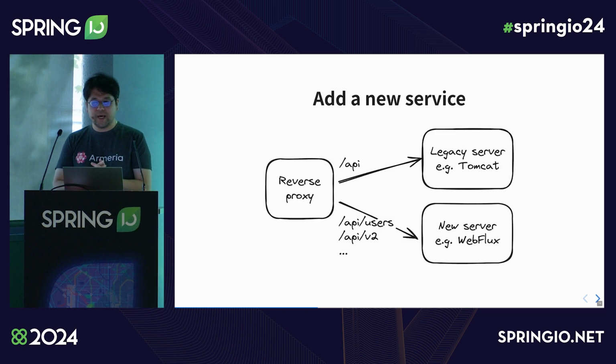Then we add a new server and redirect some or all of the incoming traffic to the new server. It can handle a portion of the API, like /api/users, or a certain new version of the API only, like /api/v2, or maybe gRPC traffic only. As you feel more and more confident, you redirect more and more traffic.